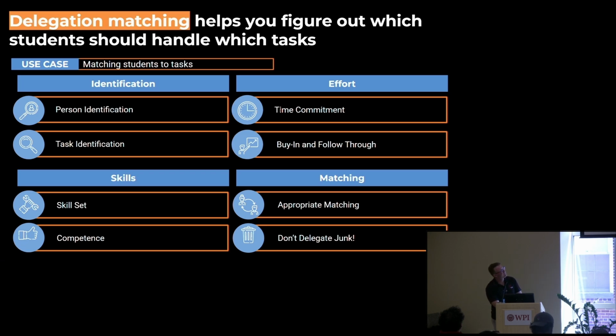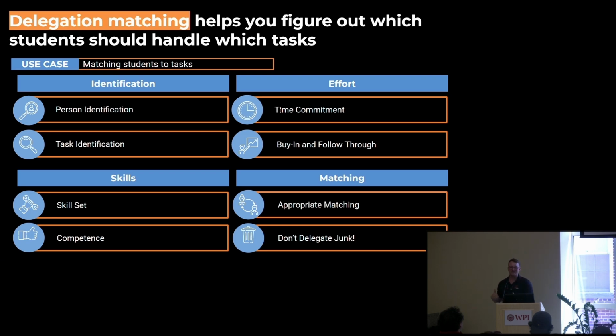And then finally, matching everything up. And I think the biggest takeaway here is not to delegate junk. And what that means is just there are plenty of tasks where they really don't need to be delegated. Things that fall into that delete bucket from a previous slide, where it doesn't make a lot of sense to go through all this work of figuring out who is going to be the most suited to a specific task, and then say, and freshmen, sweep the floors.